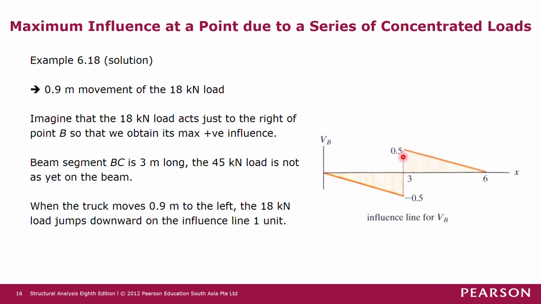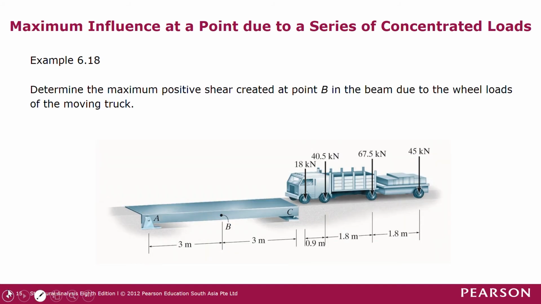So the 18 kilonewton force is just to the right of point B. It hasn't moved past the point yet. Beam segment BC is 3 meters long, so the 45 kilonewton load is not yet on the beam. Imagine that this 18 kilonewton force is already here.